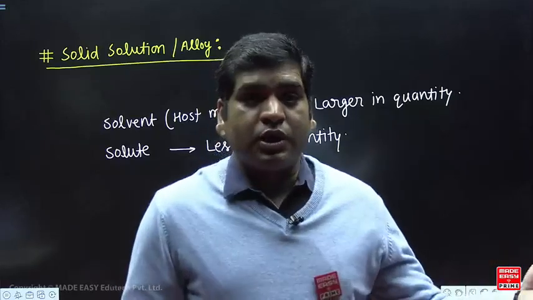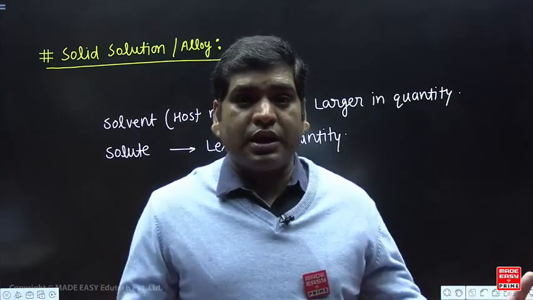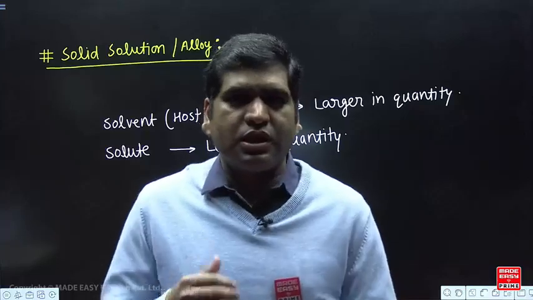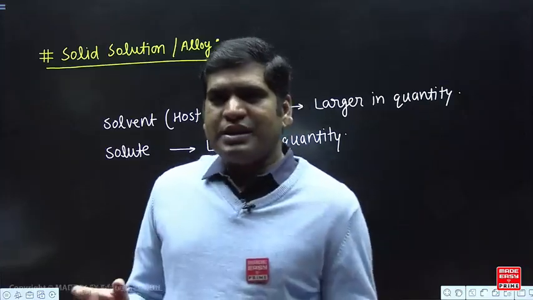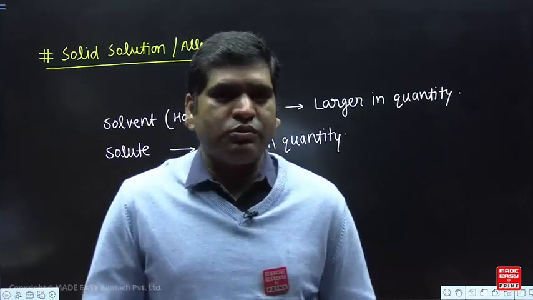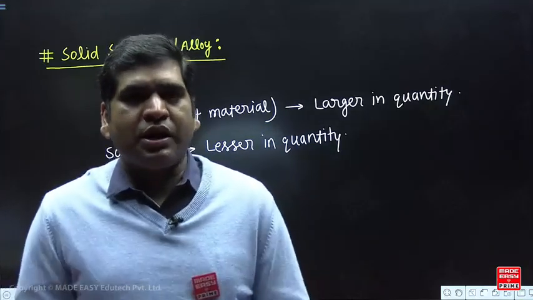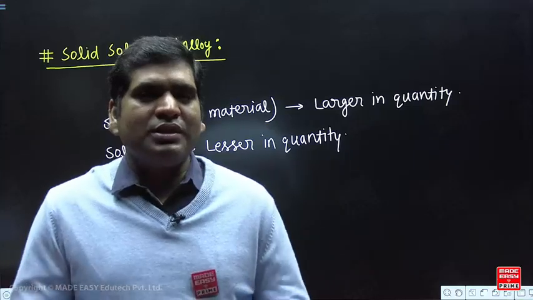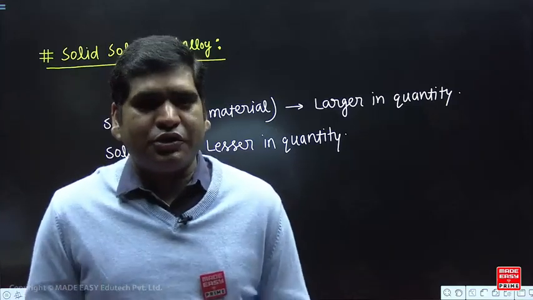Sand is one compound and cement is another compound. We are mixing them. That's not an alloy. That is basically a composite material. So when interaction between two materials does not take place at the atomic or molecular level, but takes place at a larger scale, then it cannot be said to be an alloy. For an alloy, the interaction should be taking place at the atomic level.